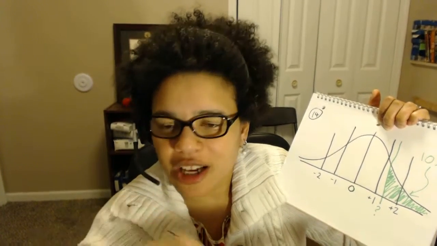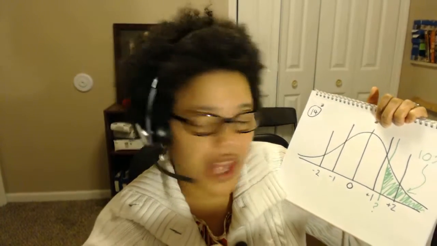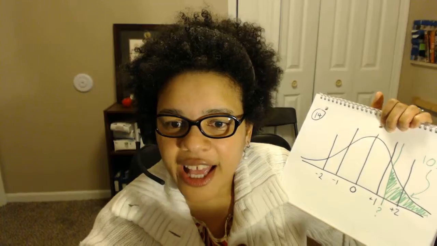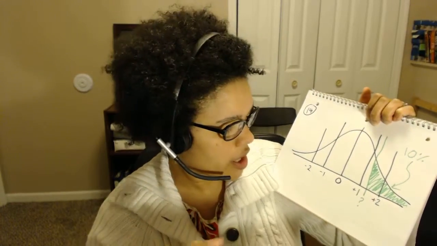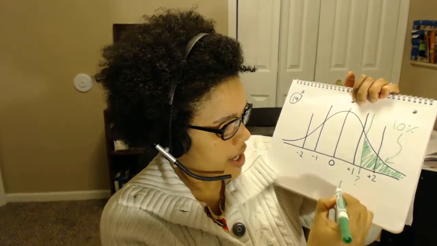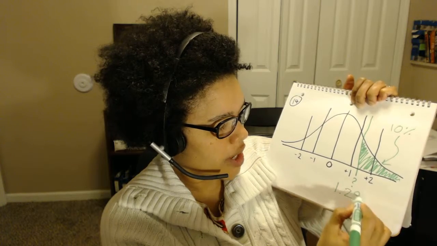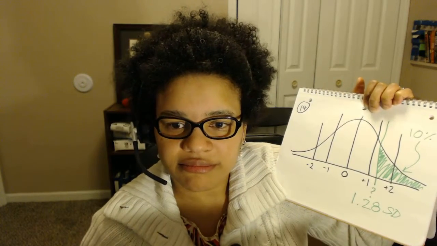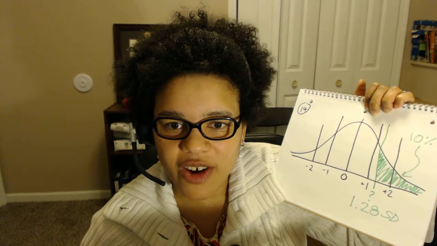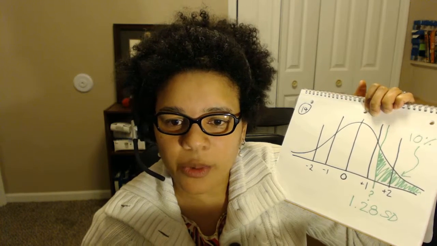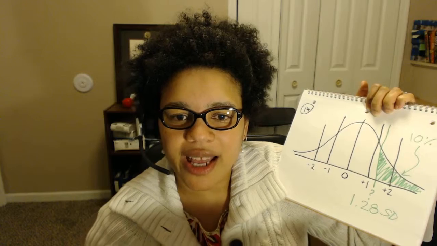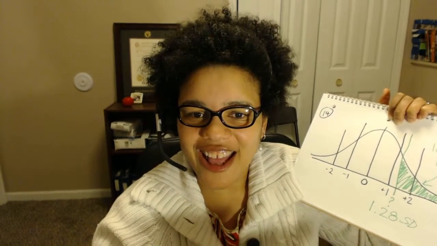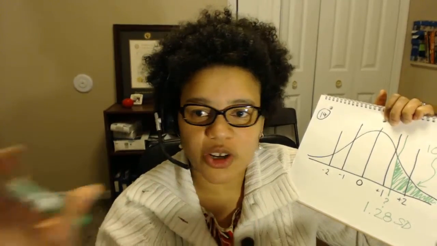So that is close enough. And if I slide over to the left, I see that corresponds to a z-score of 1.28 standard deviations. Okay, so now I found the z-score that will give us the top 10%. All right, and so we're able to go either way.